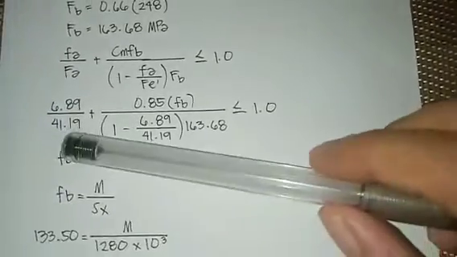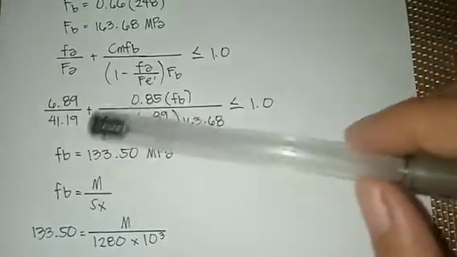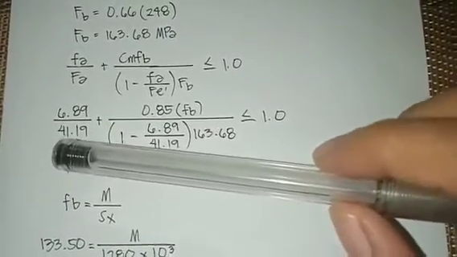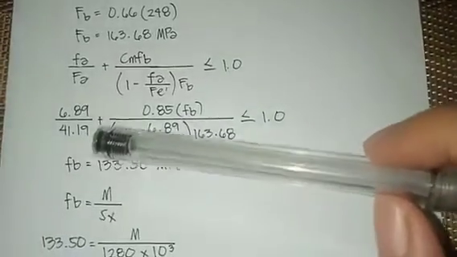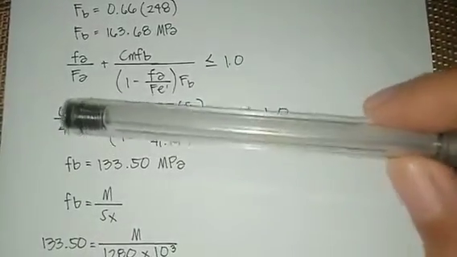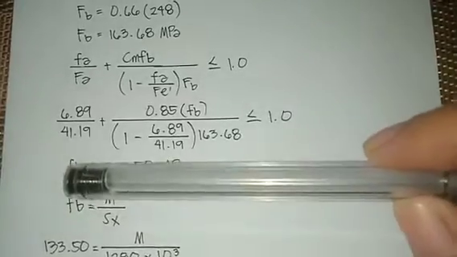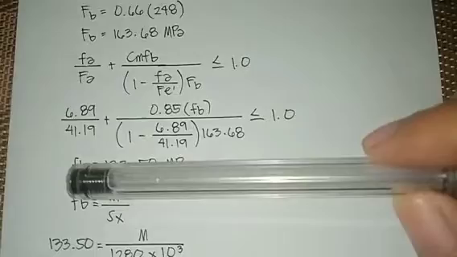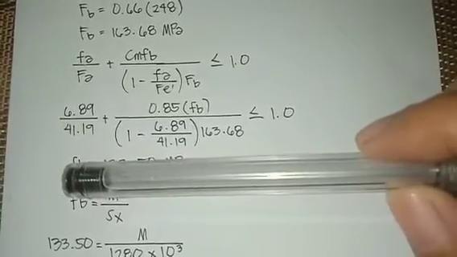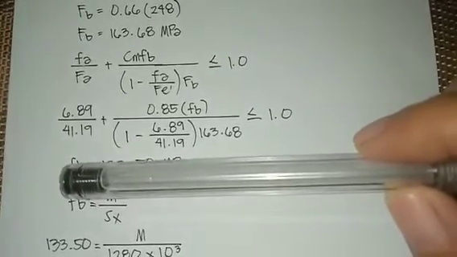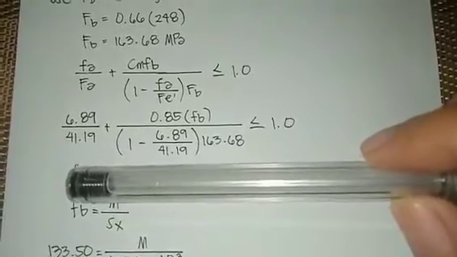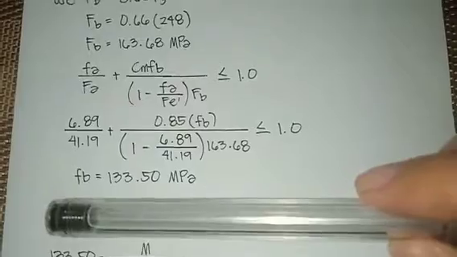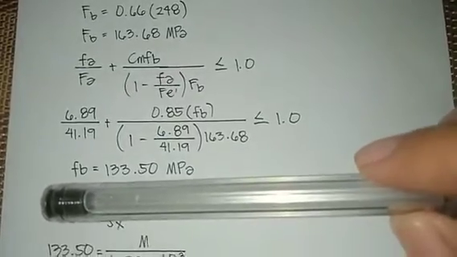Substituting everything: 6.89 over 41.19 plus 0.85 times fb times the quantity of 1 over 6.89 over 41.19 times 163.68. Then fb is equal to 133.50 megapascal.